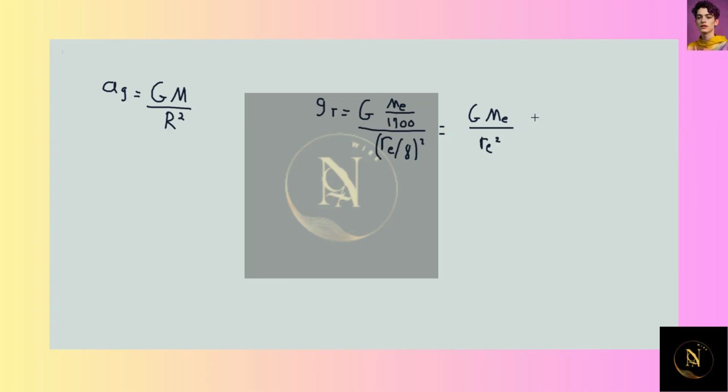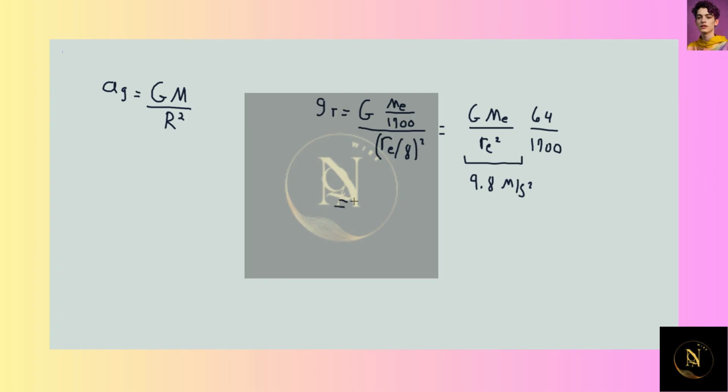And then the constants we're left with will be 64, 8 squared, which comes up to the numerator, and then 1700. So this whole term right here is just the acceleration due to gravity on Earth. So we know that that's 9.8 meters per second squared. So then we just multiply it by this constant 64 over 1700.